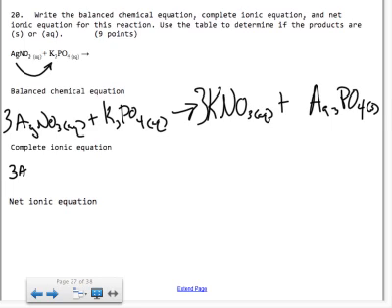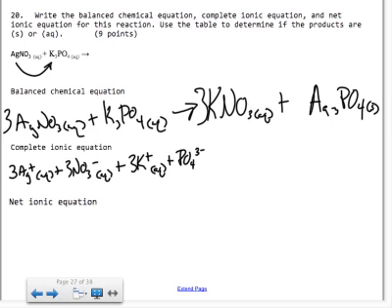The complete ionic equation: we rewrite the chemical equation, but we break up all of the ions that are aqueous. So 3 silver ions plus 3 nitrate ions plus 3 potassium ions plus 1 phosphate ion. That's everything we have on the left-hand side of the equation above.